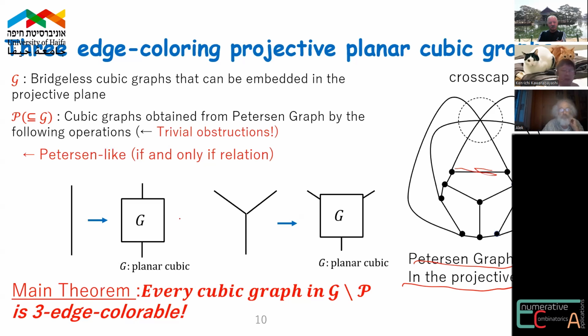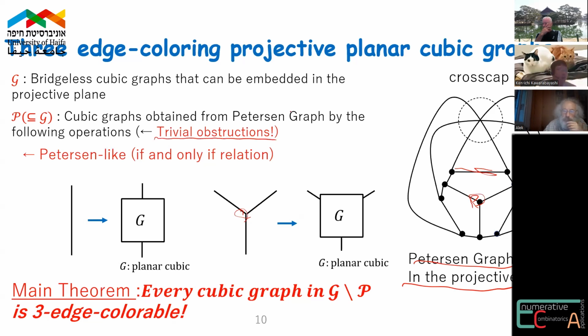That's one operation. For the other operation, you look at some vertex, which has degree 3, and replace it by a planar graph. Now, it turns out this is kind of trivial, in the sense that once you start from an embedding on the projective plane and replace like that, the edge colorability is essentially the same. In other words, if you can color the bigger graph, you can color the smaller graph. And vice versa. If you can color the smaller graph, you can color the bigger graph if you do it this way. That's why we call it a trivial obstruction.